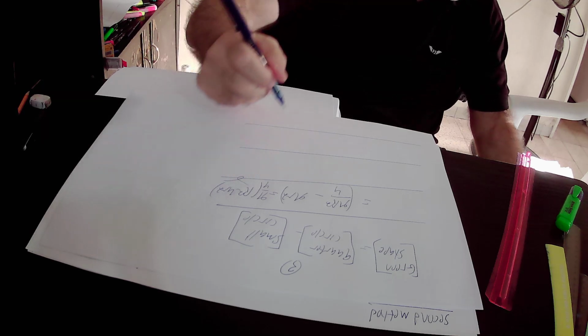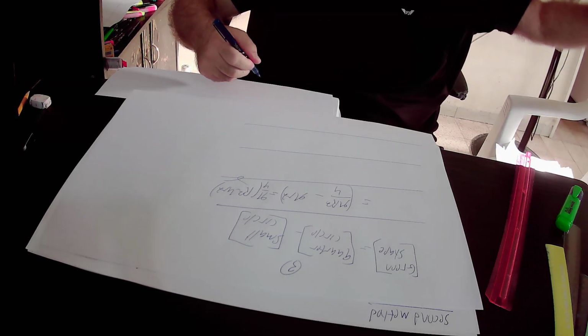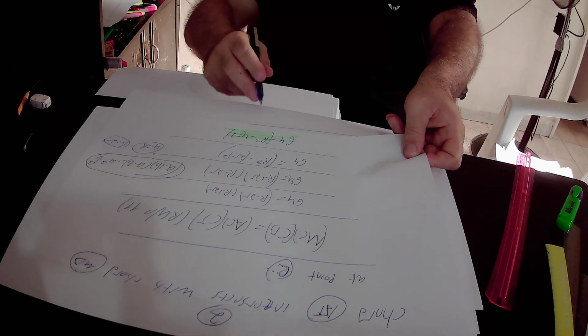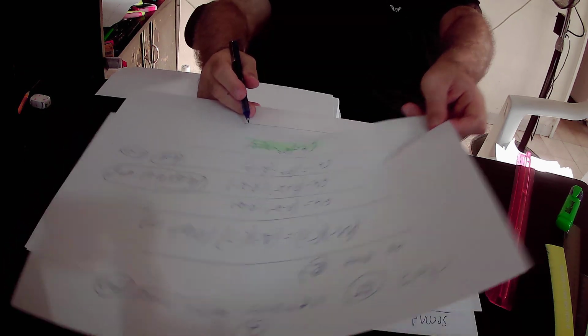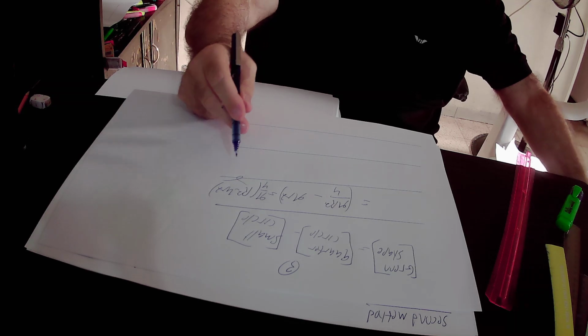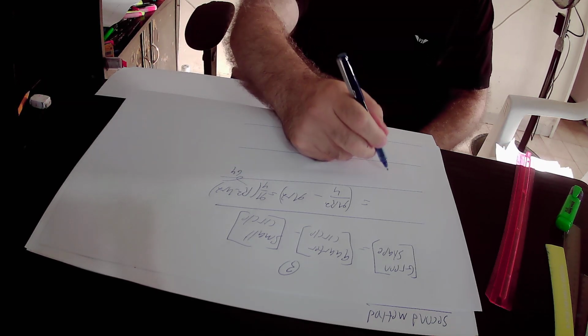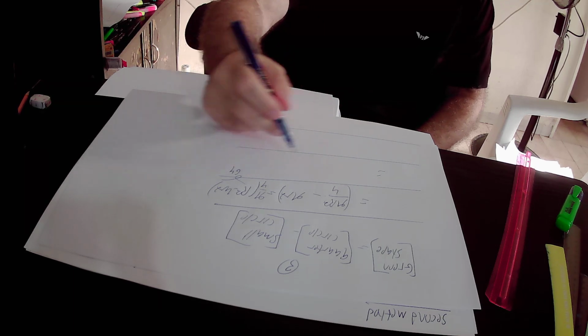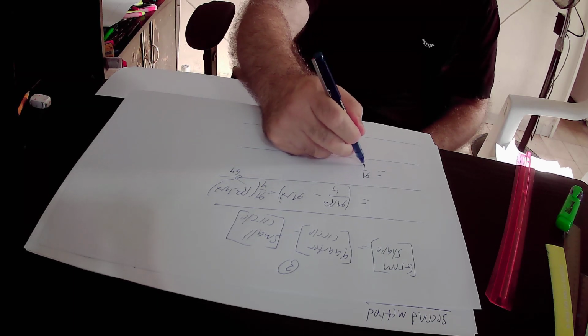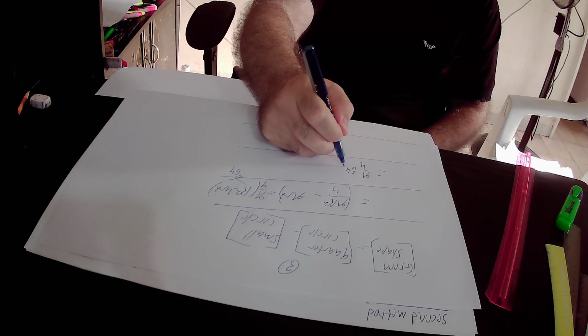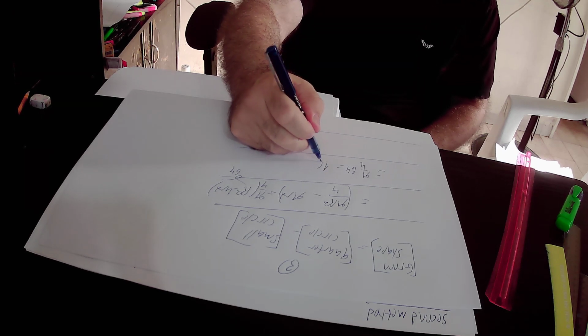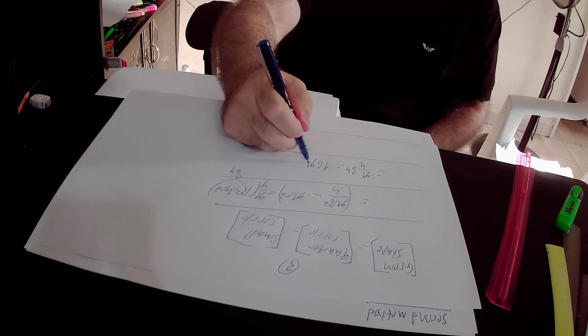But we have already found out that capital R squared minus 4R squared equals 64, so we can substitute it by 64. We get that this expression in total equals pi over 4 times 64. 64 over 4 is 16, so in total this expression equals 16 pi.